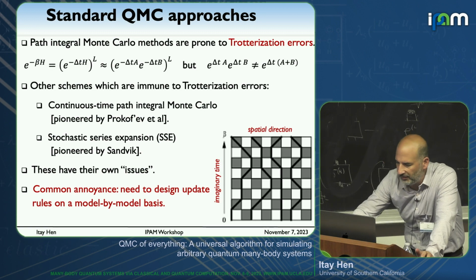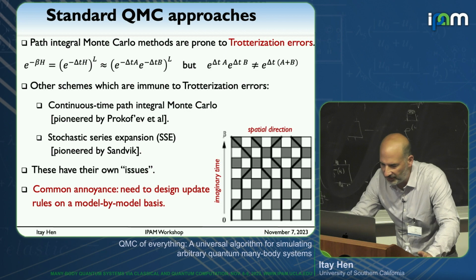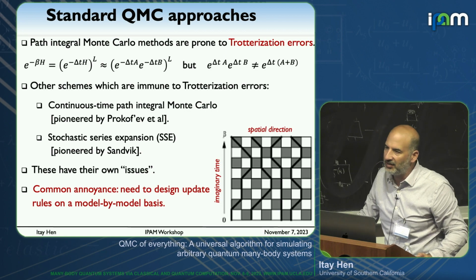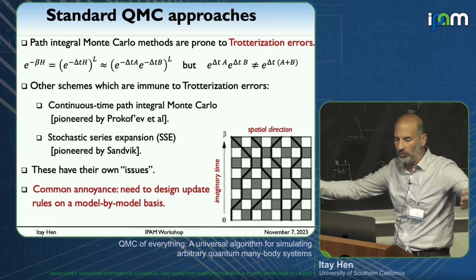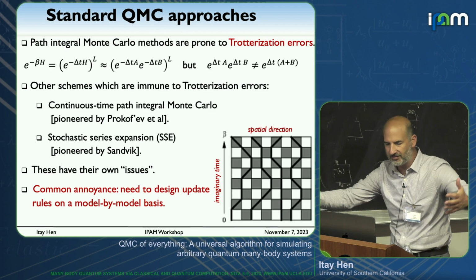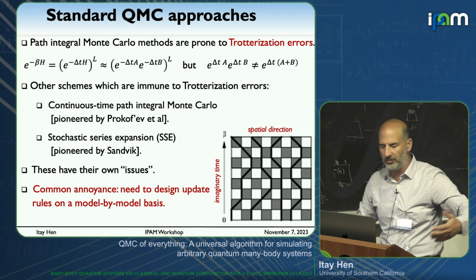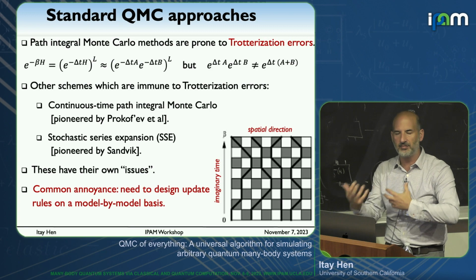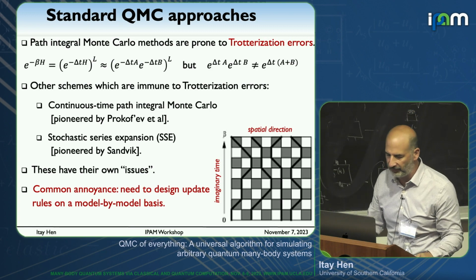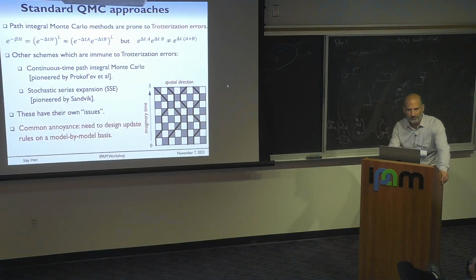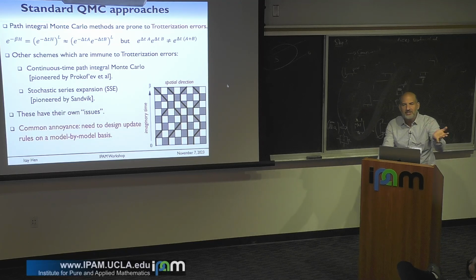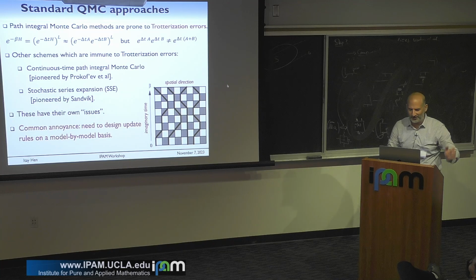But again, there is a common annoyance, and the common annoyance is that these are meta methods. For every model, you'll need to generate a series of updates that may or may not work. You need to prove ergodicity and detailed balance and so on. And if you go to the literature, you'll see that there's basically one paper per model.